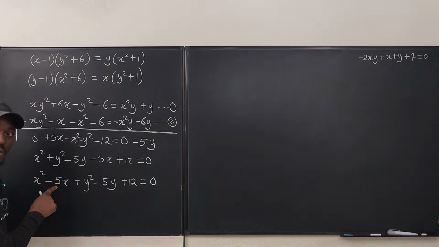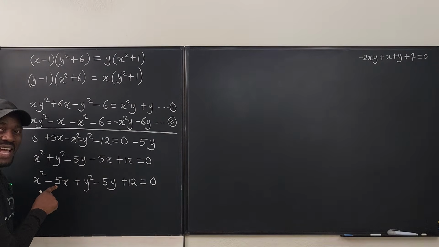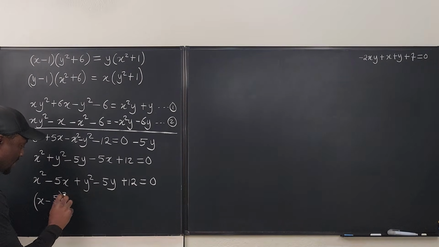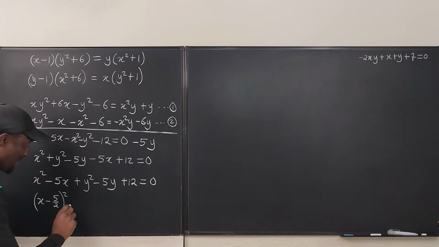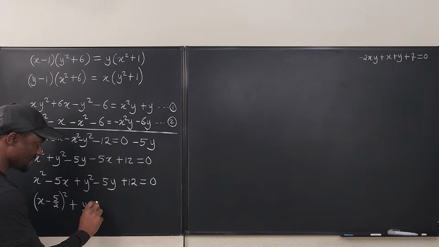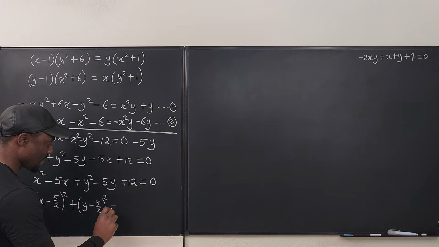If I complete the squares of this, remember that you take half of this, minus 5 over 2. You square it. That's how you complete the squares. Plus, you take half of this, y minus 5 over 2 also, you square it.